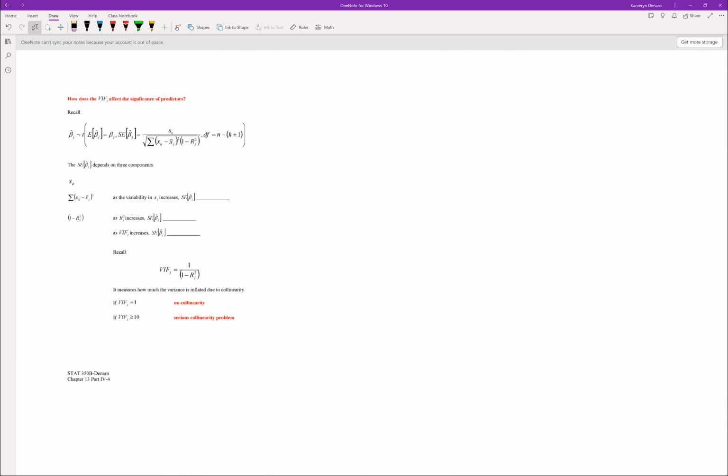Where this comes into play is on the significance of beta hat j. Remember that beta hat j really has a few different components for calculating the standard error. The first is S epsilon, which is the residual standard deviation.